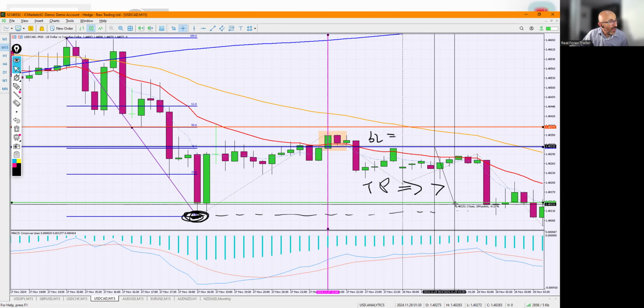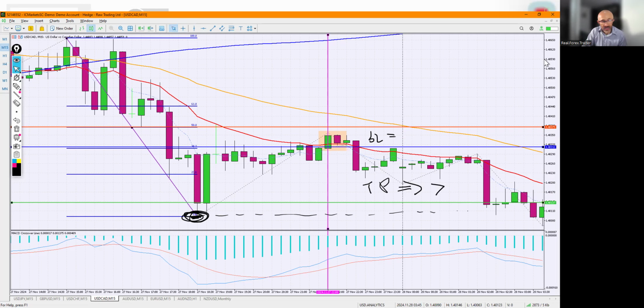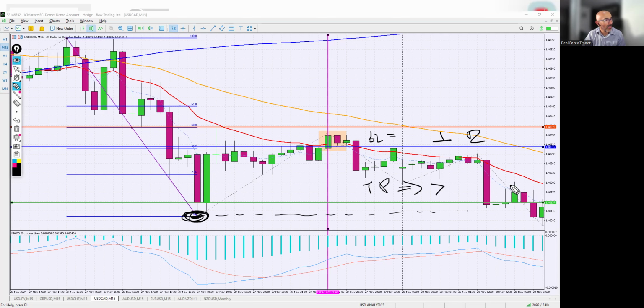But I'm aiming to obtain 17.8 pips. Very good, right? So it's almost 1 to 3. So I am risking 1 ratio in order to obtain 3 ratios. That is good. So that has to be the constant when I am trading.